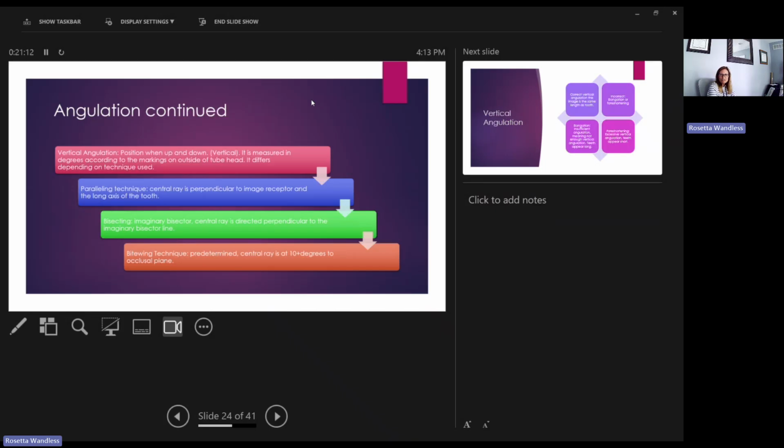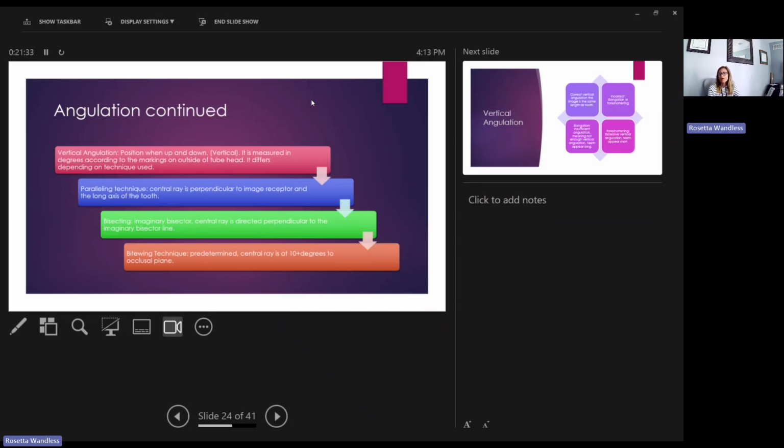In paralleling technique, the central ray is perpendicular to the image receptor and the long axis of the tooth, which we talked about. But in bisecting imaging, the central ray is directed perpendicular to the bisector line. For the bitewing technique, which is slightly different, it's predetermined.